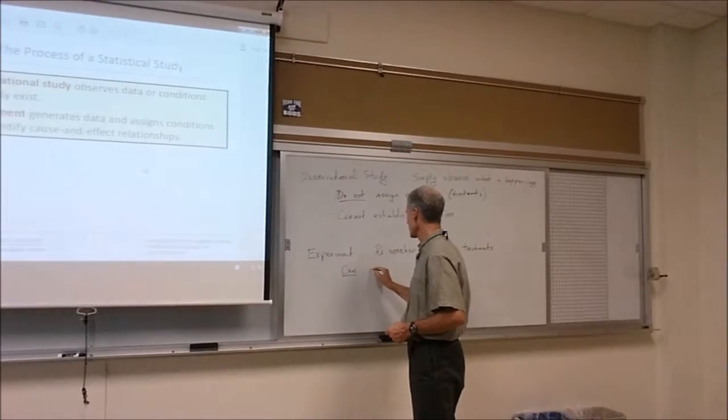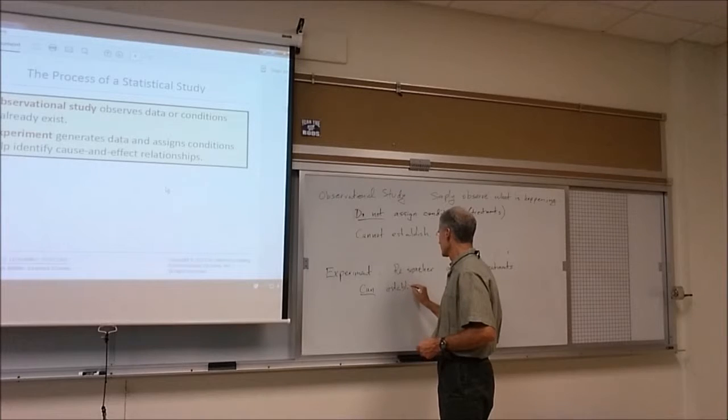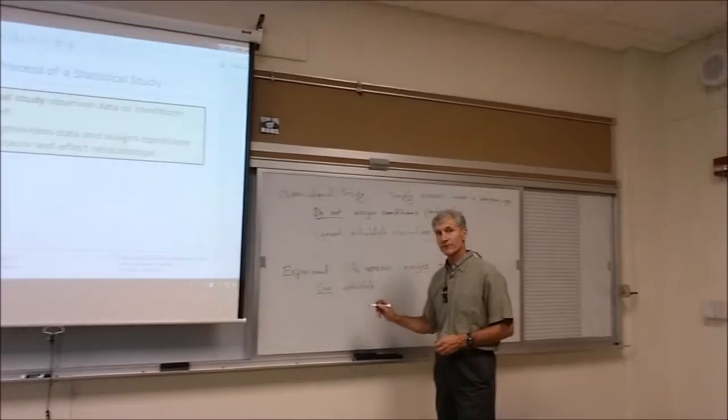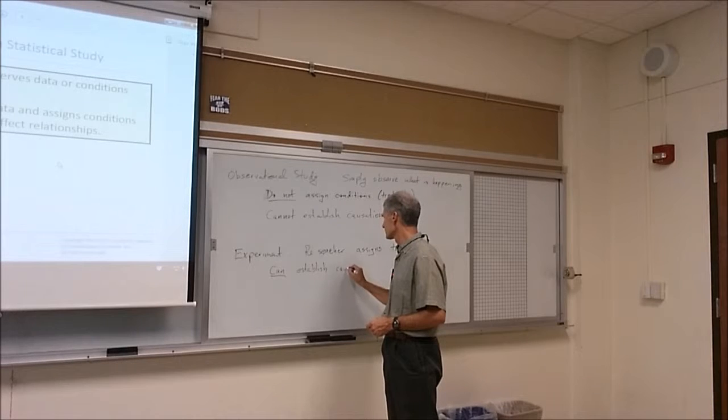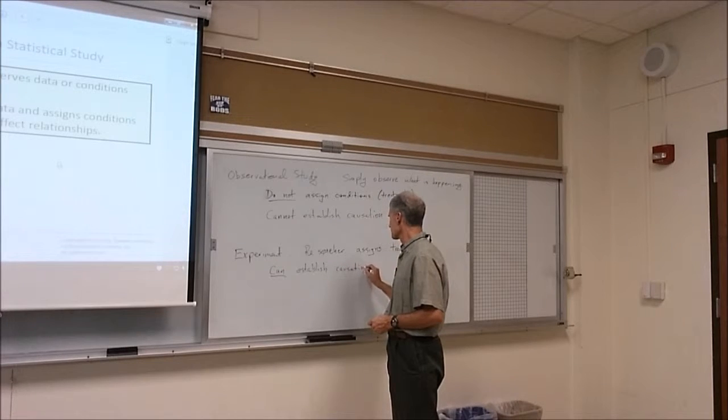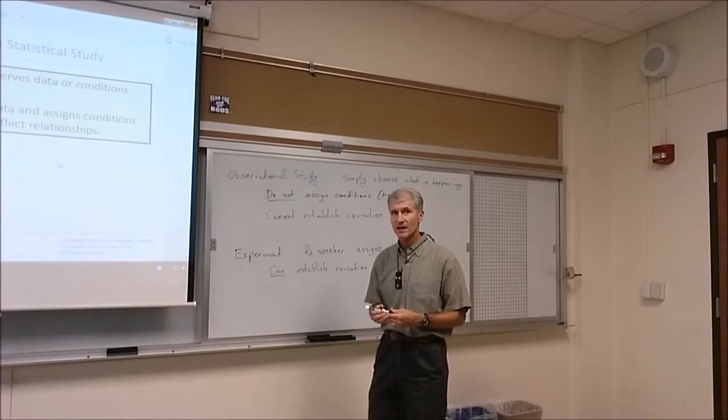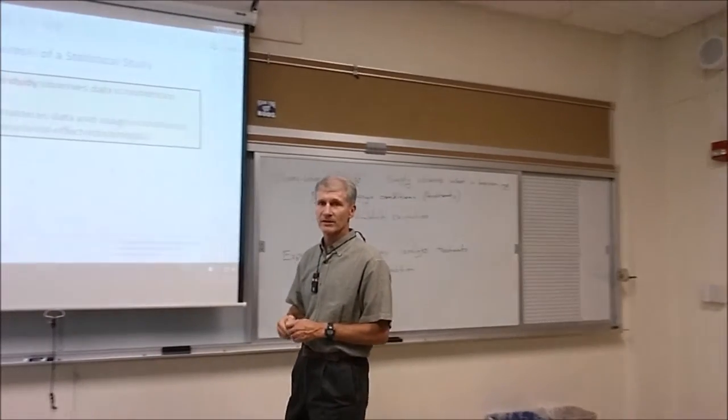So if you want to prove cause and effect, you need to do an experiment. Observational studies can hint at cause and effect, but there's no guarantee.